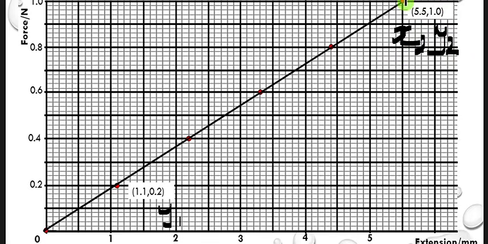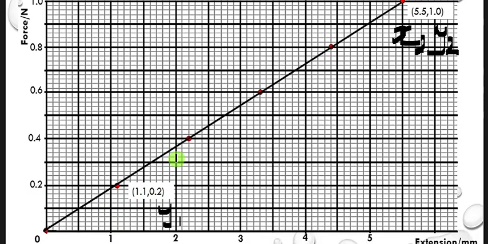I picked this point here. When you come here, 1.0 on the y. When you come here, 5.5. Then I picked again this one. When I come here on the x-axis, 1.1. When I go there, 0.2. So those are the 2 points which I picked.